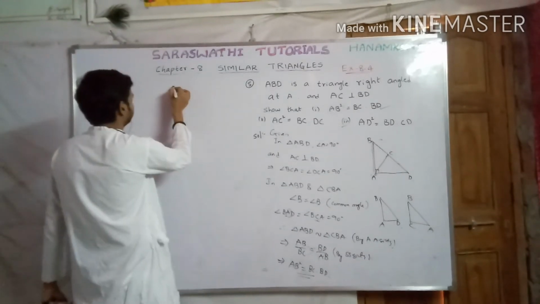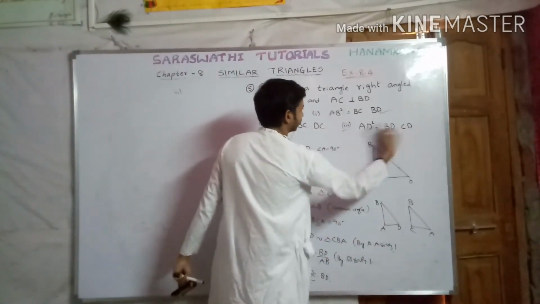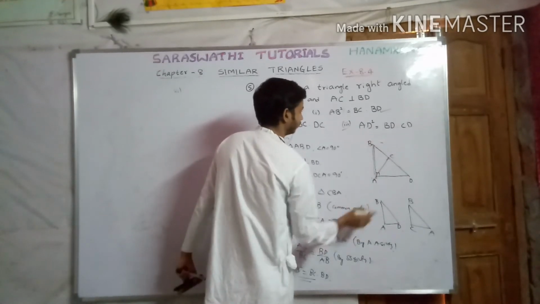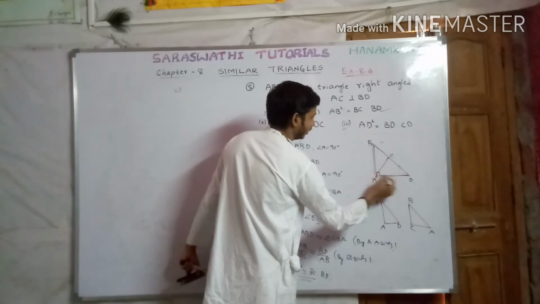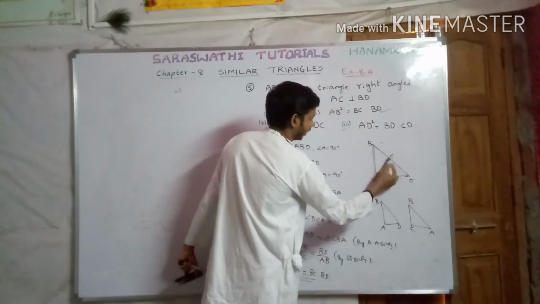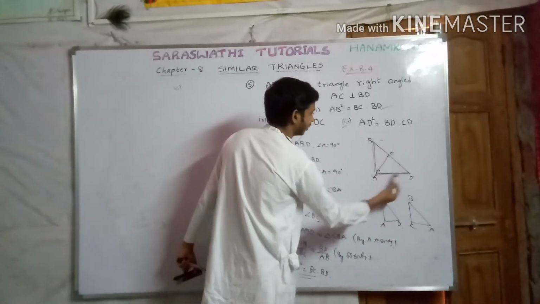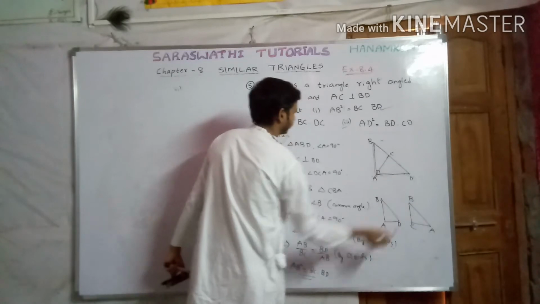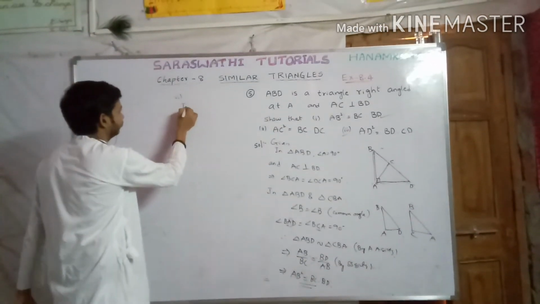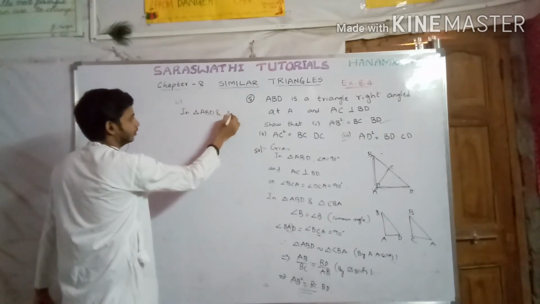Third proof: we have to prove that AD square equal to BD into CD. AD square means it is in the triangle ADC. Triangle ADC consists of side AD, and triangle ABD also consists of side AD. So consider triangle ABD and triangle ACD.